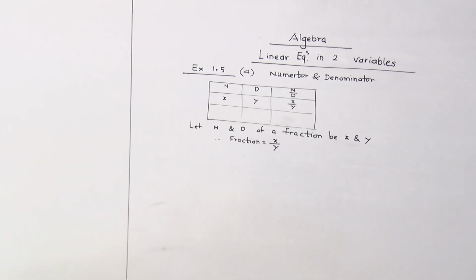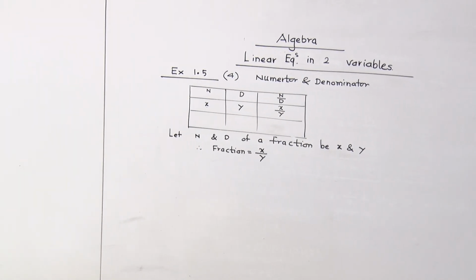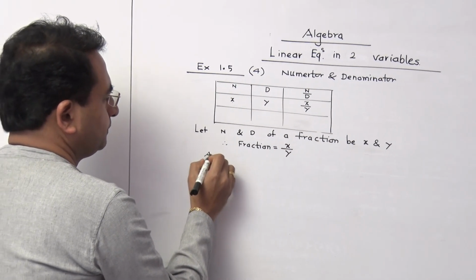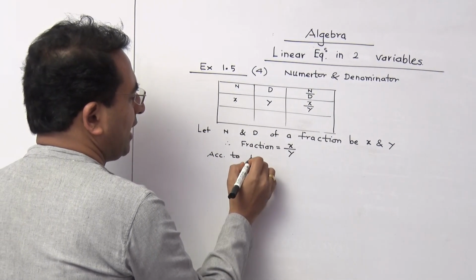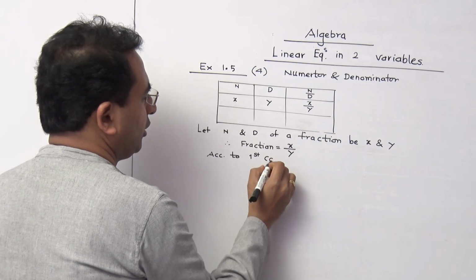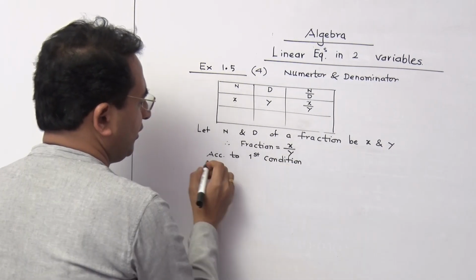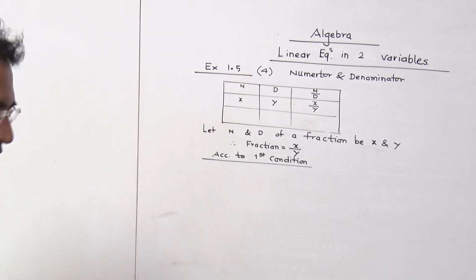The first thing is what? Denominator of the fraction is 4 more than twice the numerator. Now I am writing that condition over here. It is better to write this according to first condition. You please understand the different technique of forming the equation here.